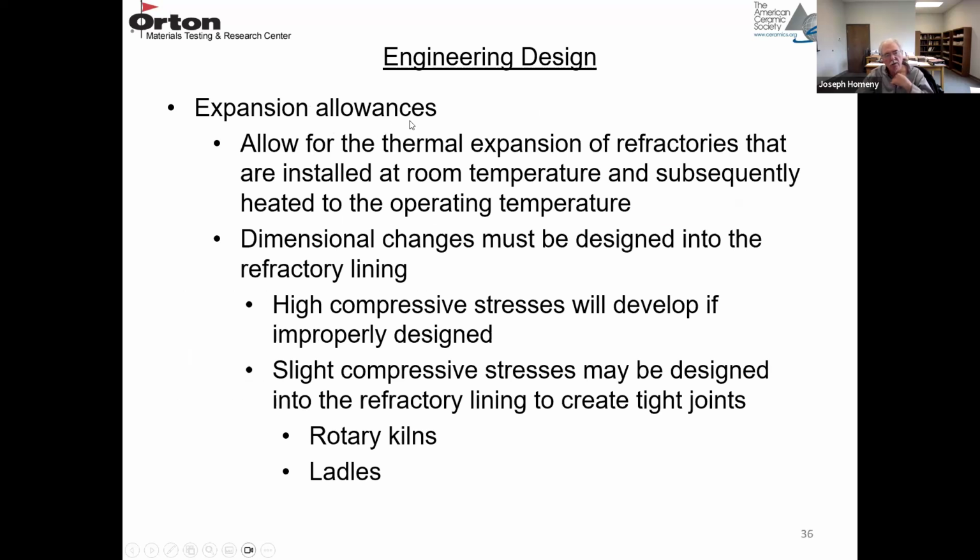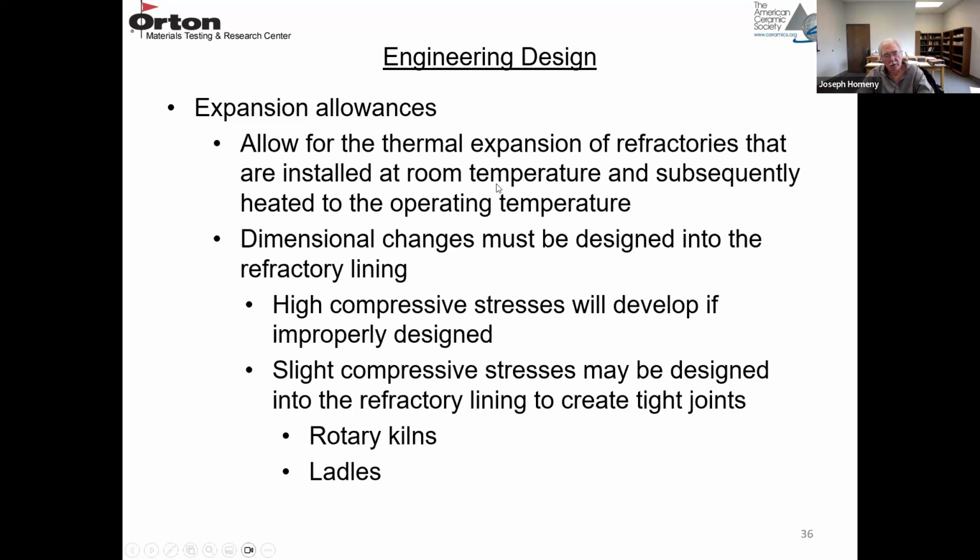Another item you have to consider is the expansion allowances. So when you heat up a lining, there's thermal expansion, irreversible thermal expansion. There's also reversible expansion. We talked about reactions that can take place, such as forming spinels or forming mullite. So there's reversible and irreversible expansion.